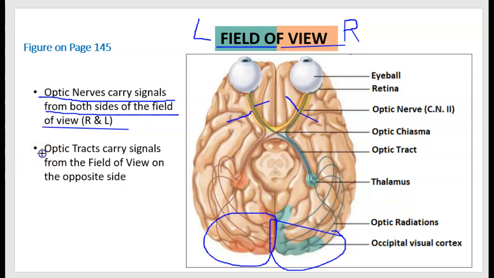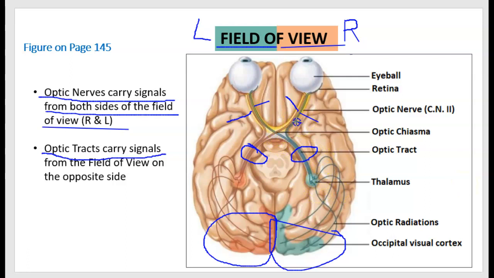But now look at the optic tracts. These optic tracts only have neurons carrying information from one side of the field of view. This optic tract has only information from the right side of the field of view, and this optic tract only has information from the left side of the field of view.